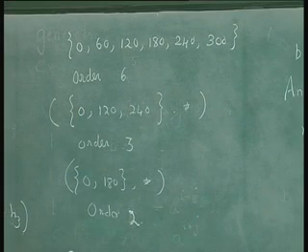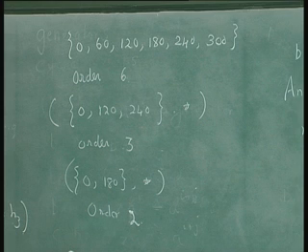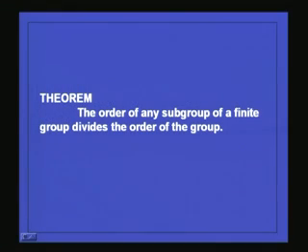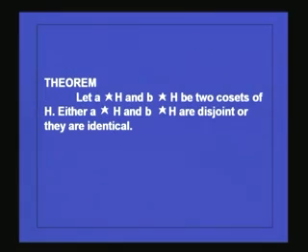As an example we have verified, and we can prove that if you have finite groups, the order of a subgroup of a finite group divides the order of the group. This follows from the previous result that if you have H as a subgroup, then A star H and B star H are either disjoint or they are identical.